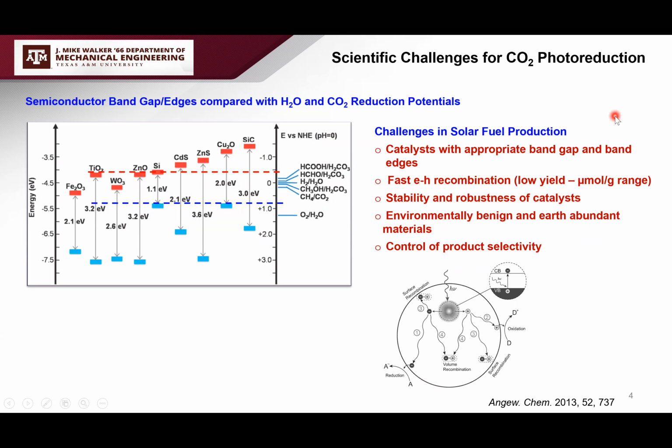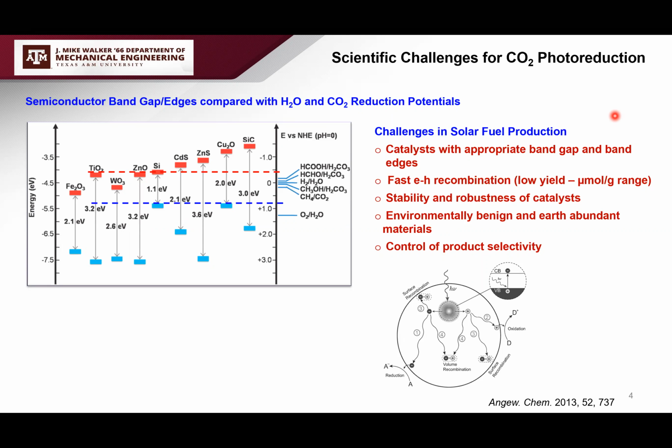However, there are several scientific challenges. First of all, the choice of catalyst. Right? Even though several decades have passed since the first research, there is still no winner of a single semiconductor that has the appropriate band gap, namely narrow enough to absorb a good portion of sunlight, and the appropriate band edges that can power both the reduction and oxidation reactions.